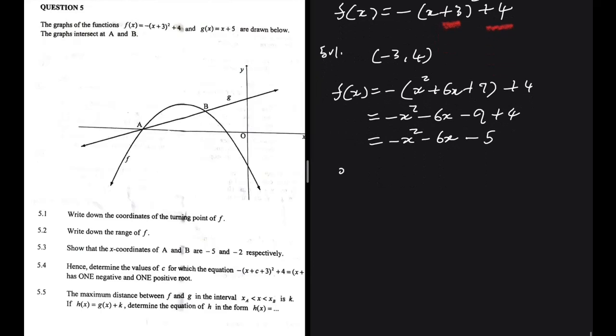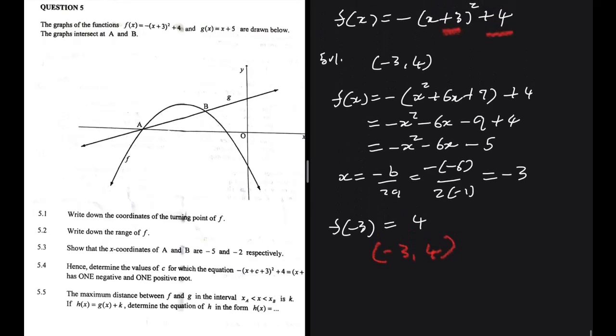If you say x is equals to -b divided by 2a, you're going to get -6 divided by 2 times -1, right? Which is equals to -3. And then if you substitute -3 into f of x, you're going to get 4. So indeed, the coordinates of our turning point, we have -3 and 4, right?